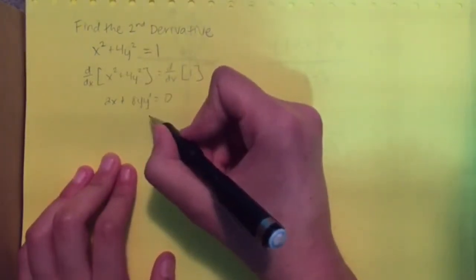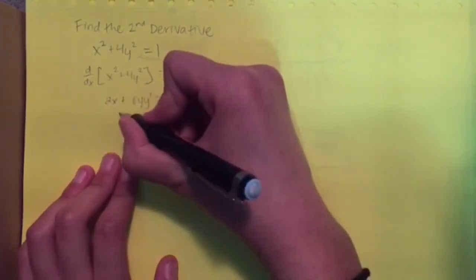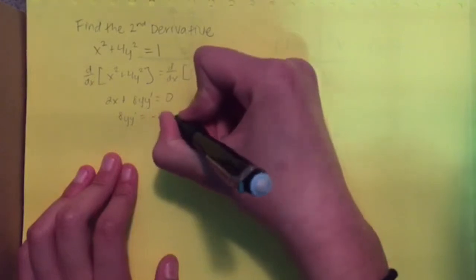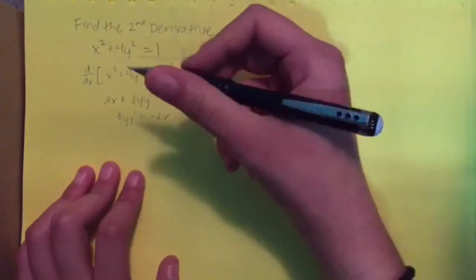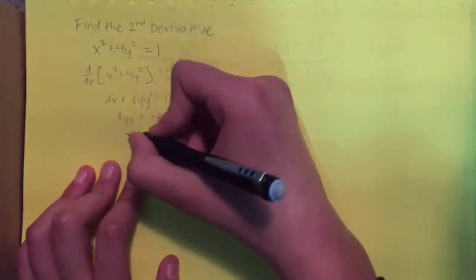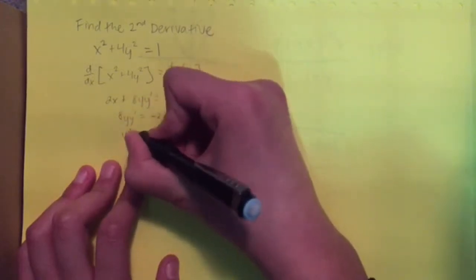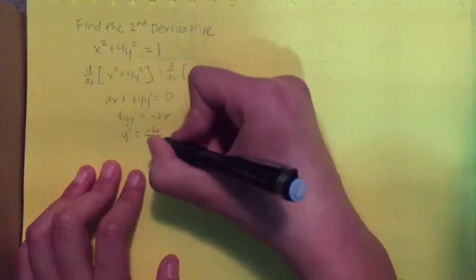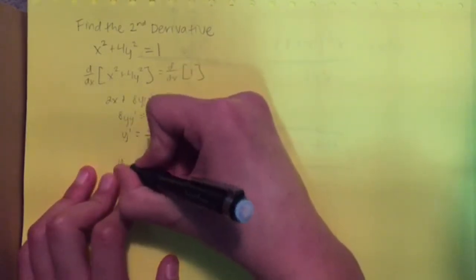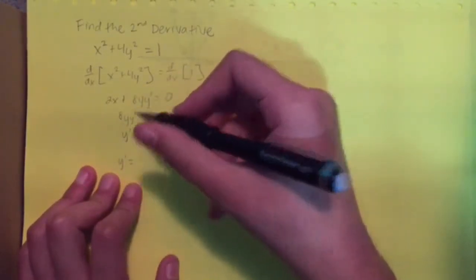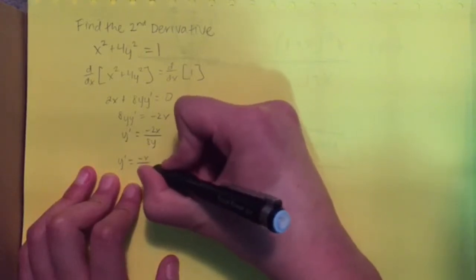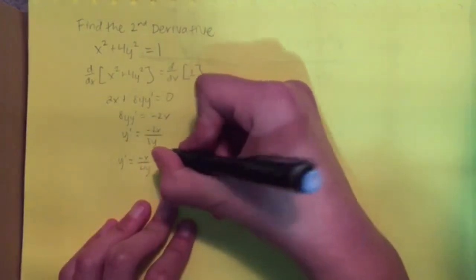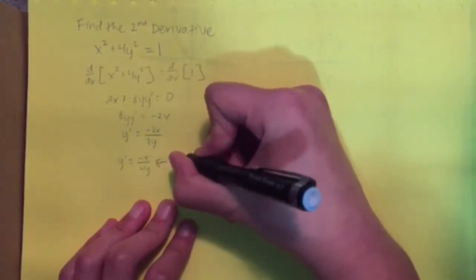And moving everything with y prime to the left and everything else to the right is 8y y prime equals negative 2x. So solving for y prime is equal to negative 2x over 8y. So y prime equals negative x over 4y. So this right here is our first derivative.